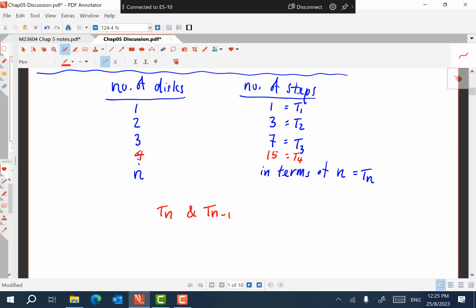So let's see if you can recognize a relationship between Tn and Tn minus 1. If you are able to establish a relationship, that relationship is called a recurrence relation. So give yourself 30 seconds, and then let's see if anyone can suggest.